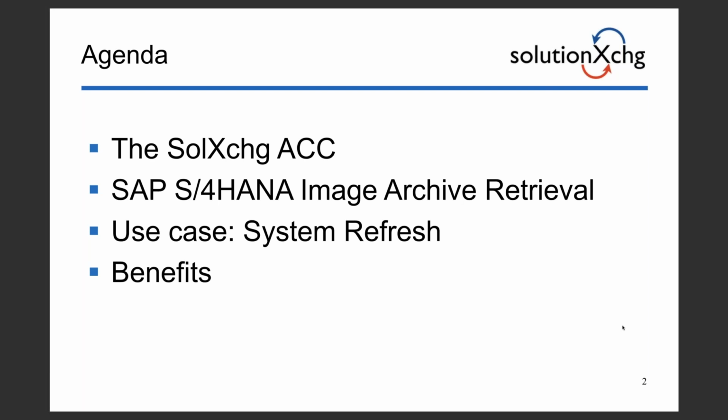And last but not least, we'll walk through a use case, which is a system refresh use case of your QA system, and how the tool would help prevent those nasty 404 HTML document not found errors. And then we'll dive a little bit into benefits of the tool and give you an outlook of what else we do at SolutionXchg.